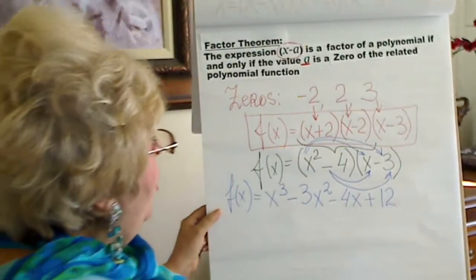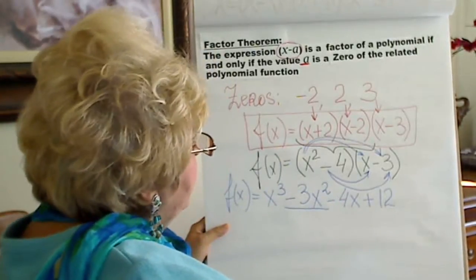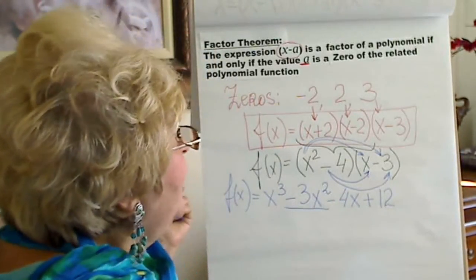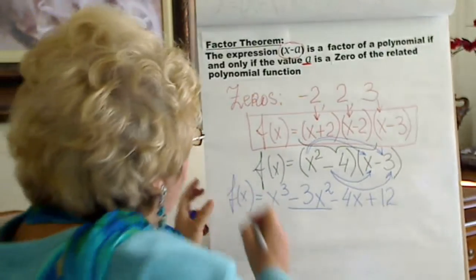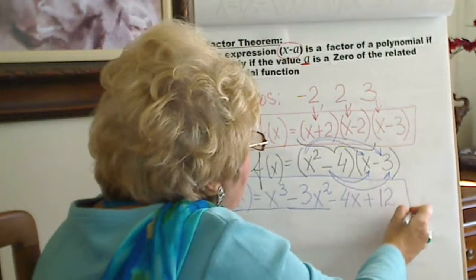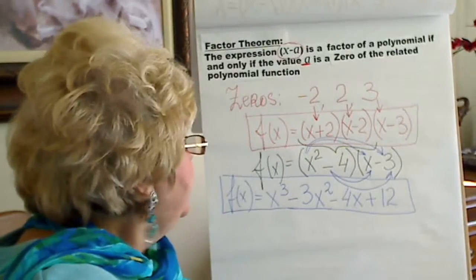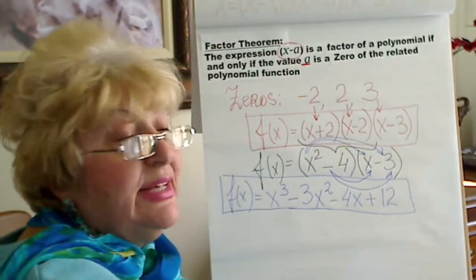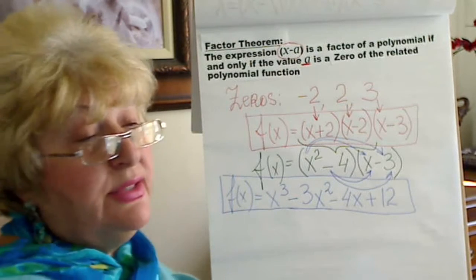We don't have any like terms over here. So we have our function in standard form: x cubed minus 3x squared minus 4x plus 12.